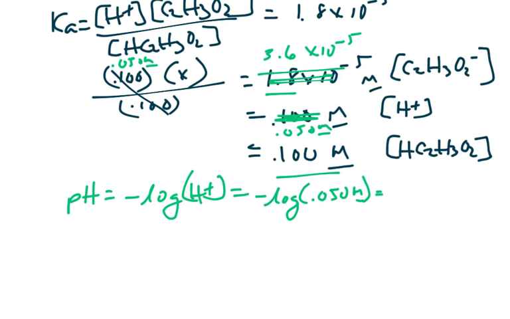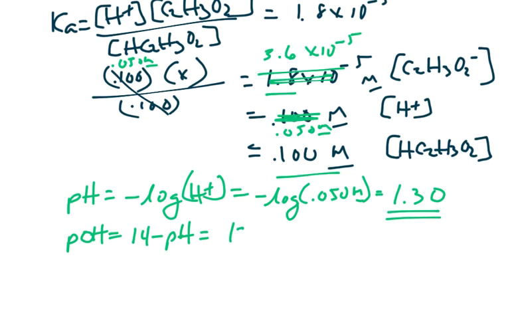That's 5 times 10 to the minus 2, so it's between 1 and 2, and not surprisingly a pH of 1.30. Notice that this pH is essentially because of the strong acid that we added in. The pOH is simply 14 minus the pH, so that's about 12.70.